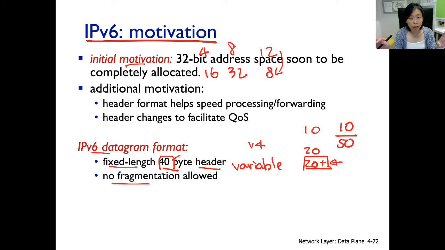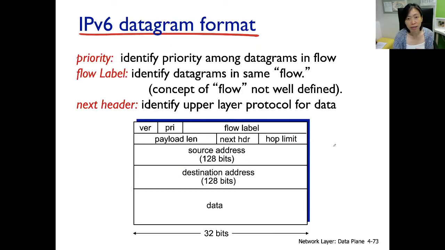This row of extra header fields is removed entirely, and this is done by disabling the fragmentation and reassembly function in version 6. So in IPv6, no longer allowing fragmentation. And this is why we see the version 6 header, although longer, looks really clean and compact.